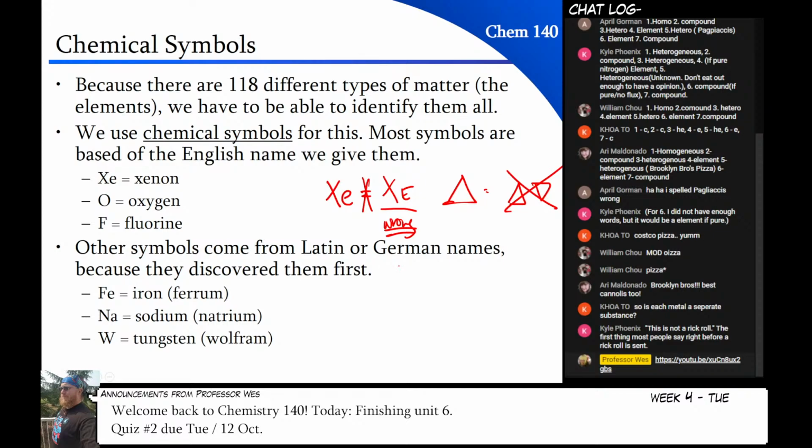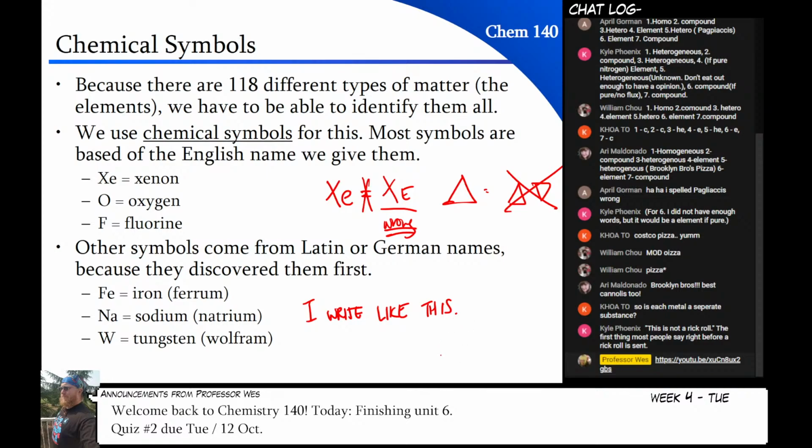When you write chemical symbols, you must write them as shown on the periodic table. The first letter is capital. The second letter is lowercase. If you're writing it out by hand and you write in upper caps or lower caps, where the first letter is bigger or something like that, you can do that.